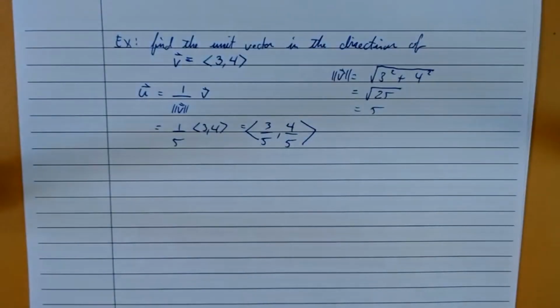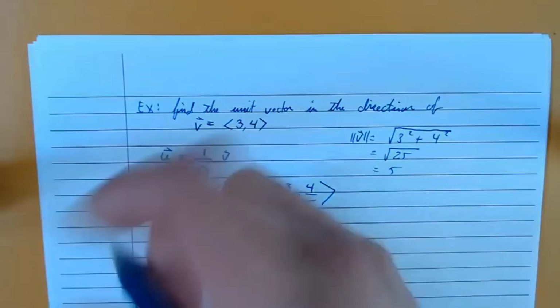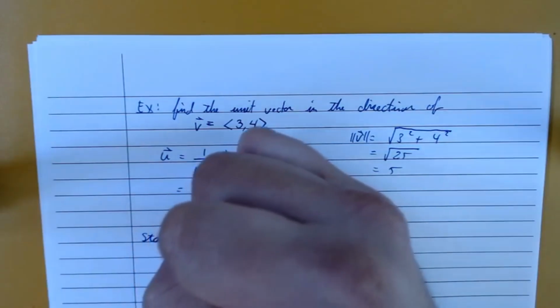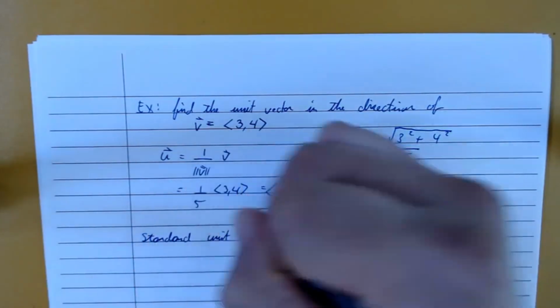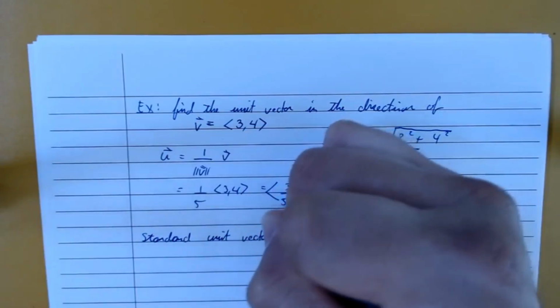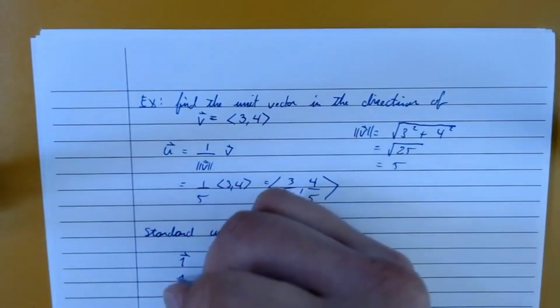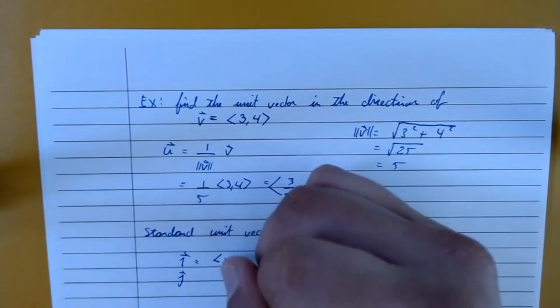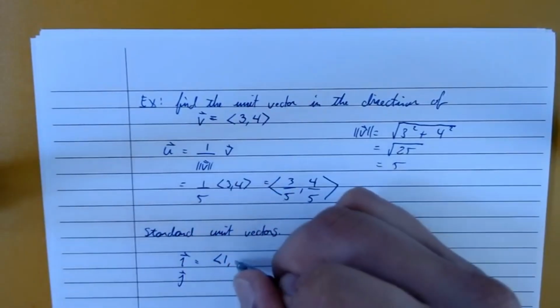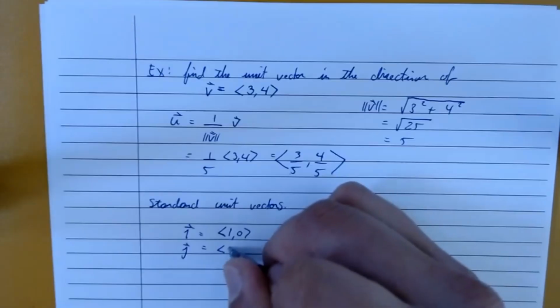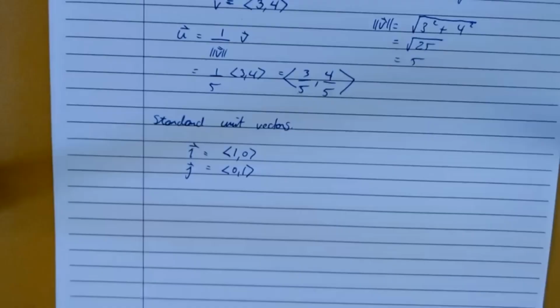Finally, for this section, let's talk about the standard unit vectors. The standard unit vectors, i and j, are defined on the plane as the vectors 1, 0 and 0, 1, like this.